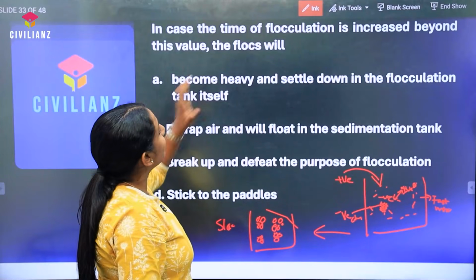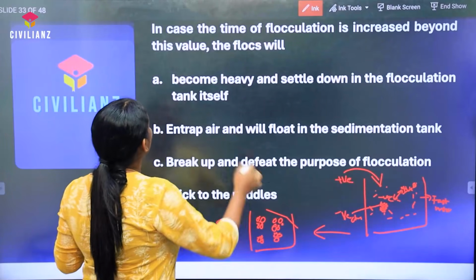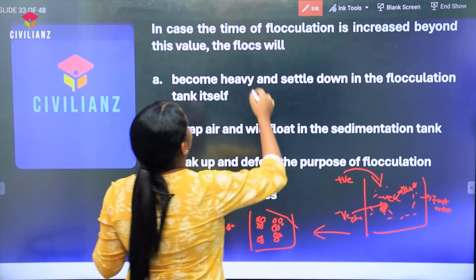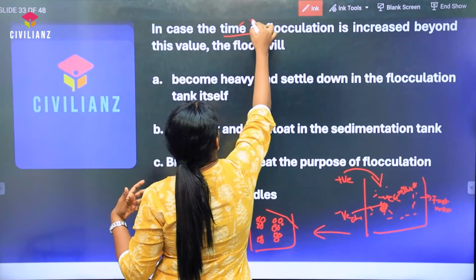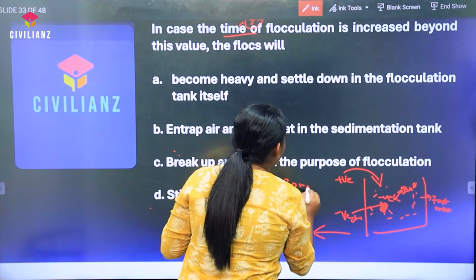In our question they are asking what happens if the flocculation time increases beyond the value, for example 30 minutes.